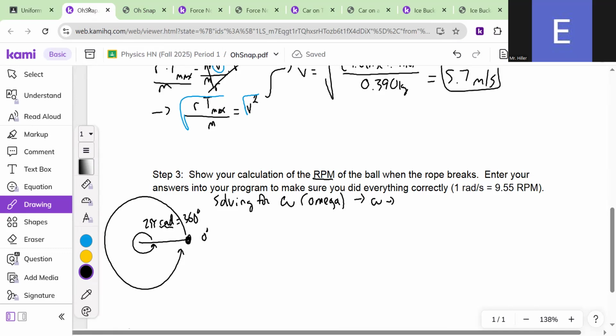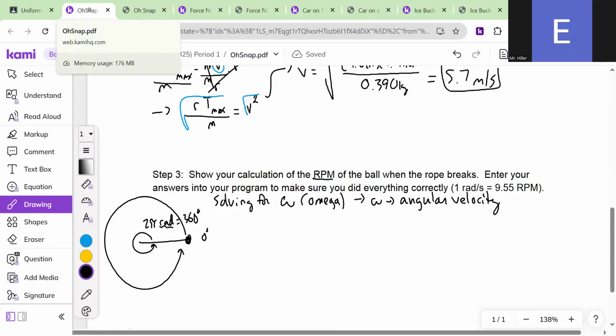And omega stands for the angular velocity. That means how fast is something rotating or spinning? If it's spinning on its axis, how fast is it spinning? So how fast is something revolving or rotating? Okay. And it's measured in radians per second, not meters per second, because radians is an angle measurement.